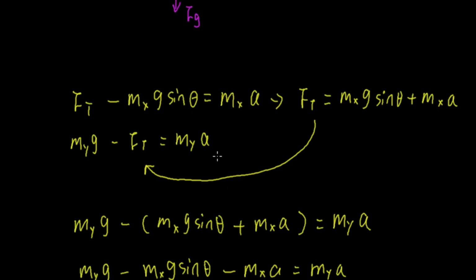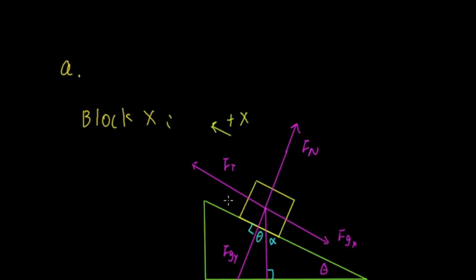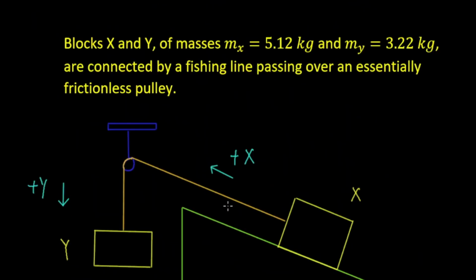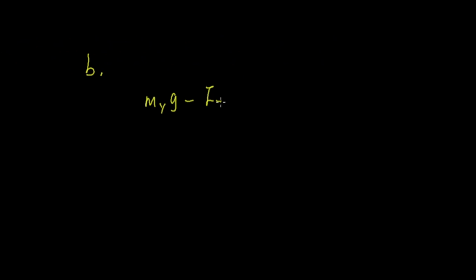This one here. M sub y g minus f sub t equals m sub y a, right? Acceleration. Now, just isolate f sub t.